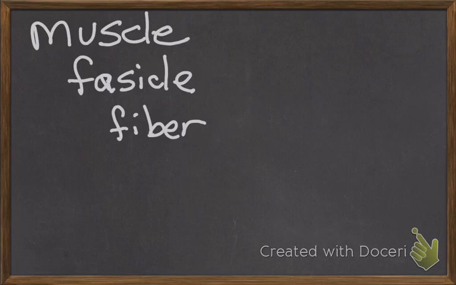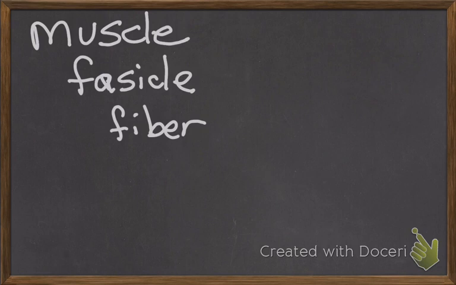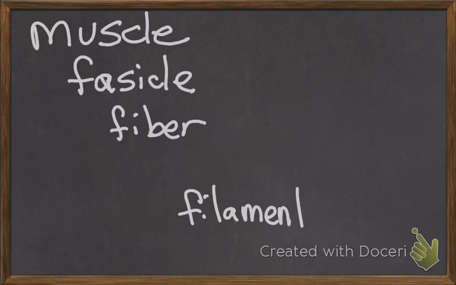And when we get to the inside of the fiber, we're going to find that it is composed of filaments. And those filaments are likewise divided into bundles. So I have filaments, but the filaments are organized into bundles, and I don't want to confuse my labels by using the same label twice, so I'm going to call the bundles within a fiber the fibrils.